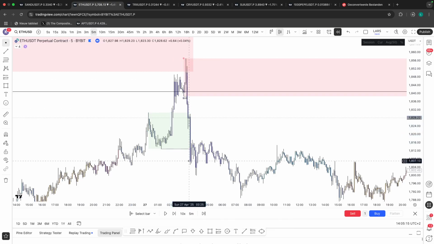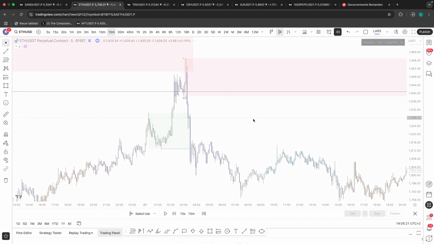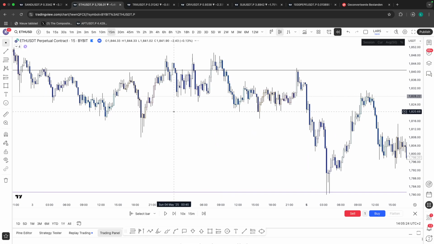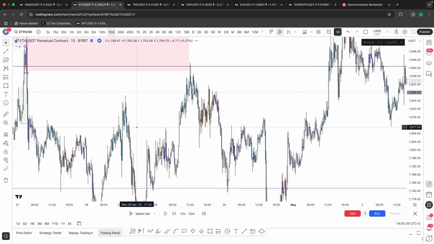I'm obviously not going to be waiting for this market structure low, despite it still being the higher time frame market structure low backed by some sort of a structure demand POI.